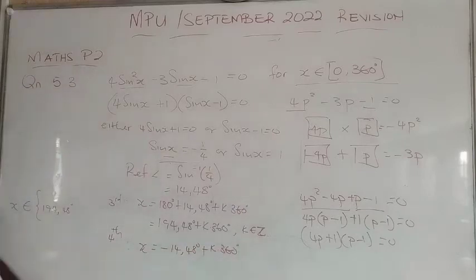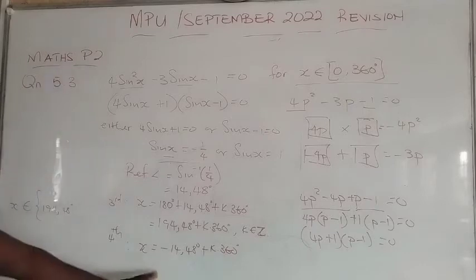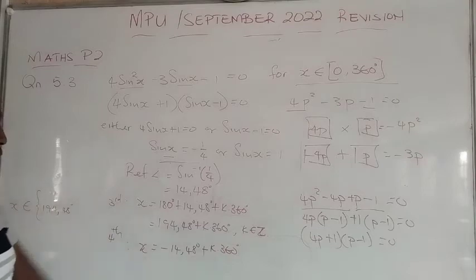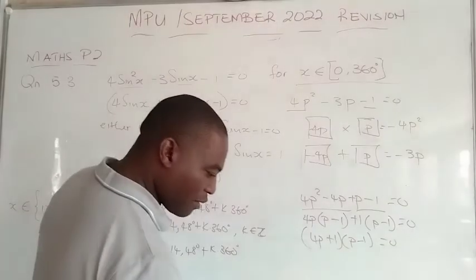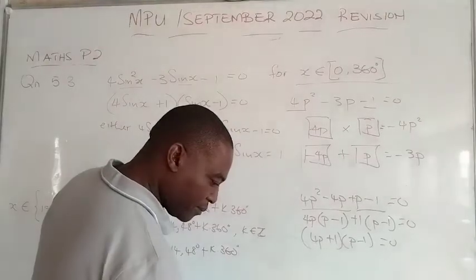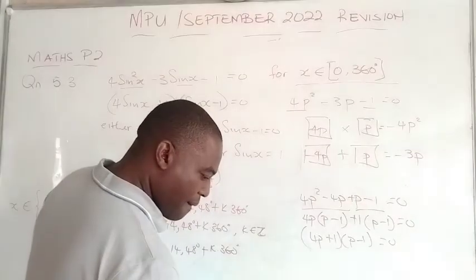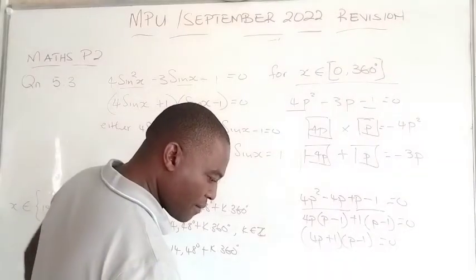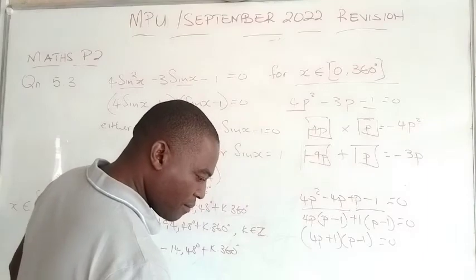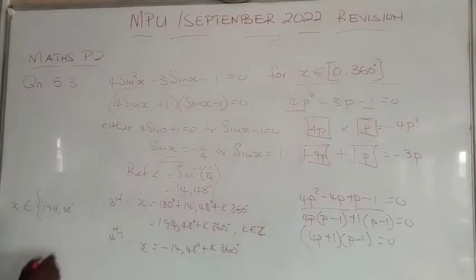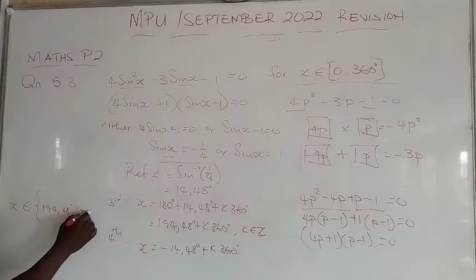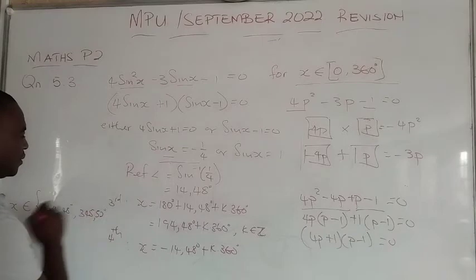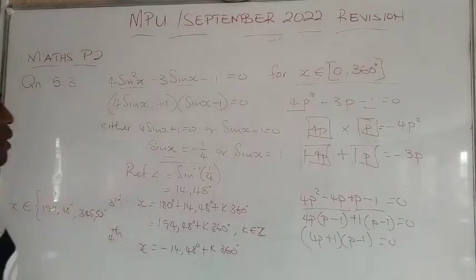And then if we take our k to be 0, we get negative, which is out of that interval. If we take k being equal to 1, we'll be having 345.52 degrees. So that's what we are getting from this one.